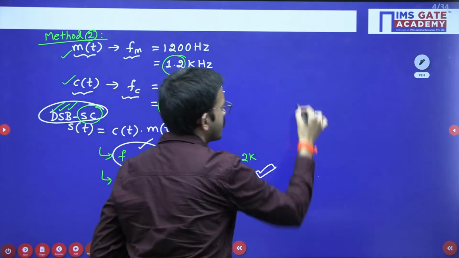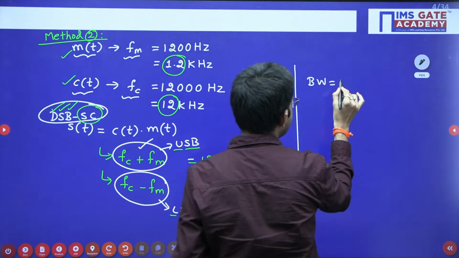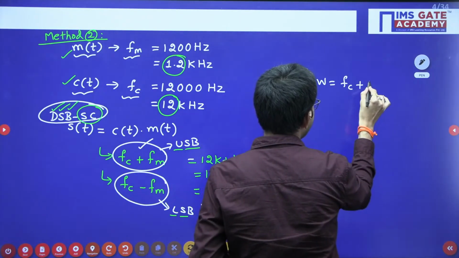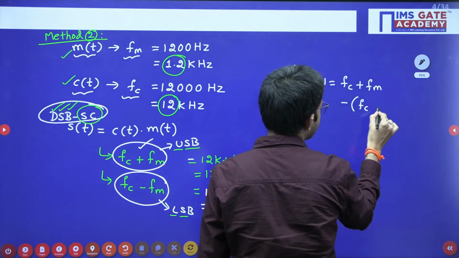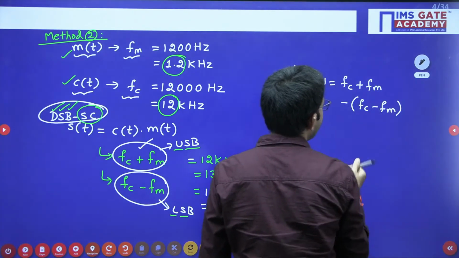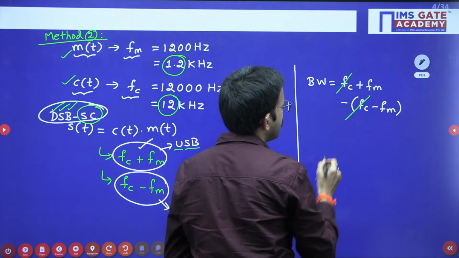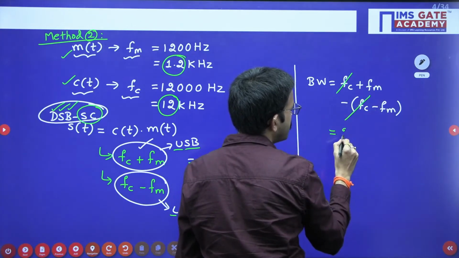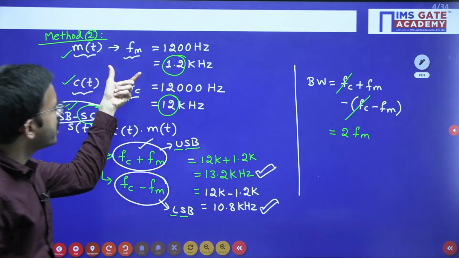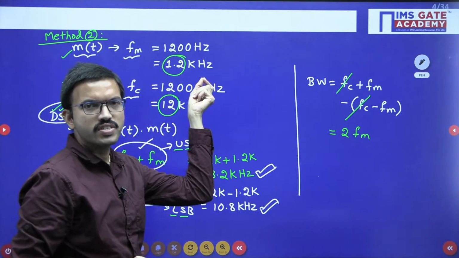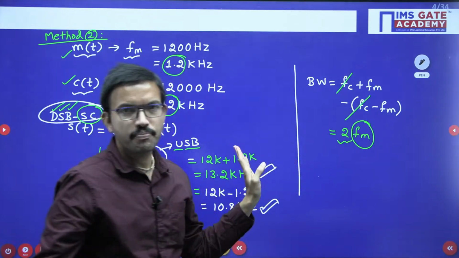Regarding bandwidth, the maximum frequency is FC plus FM minus the minimum frequency FC minus FM. Plus FC minus FC will get cancelled, minus of minus is plus, so FM plus FM gives 2FM. So if the modulating signal has only one frequency, you multiply that frequency with 2, that is the bandwidth.